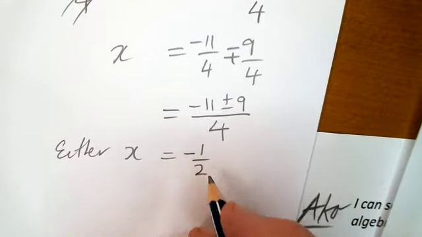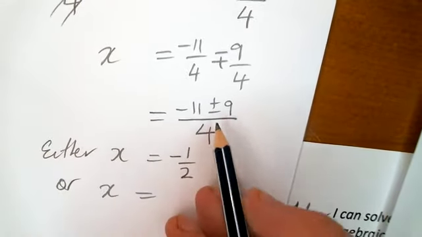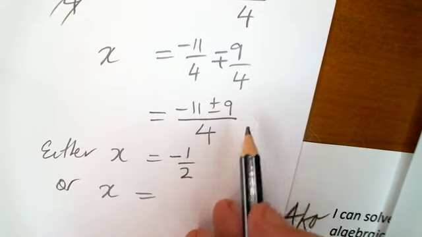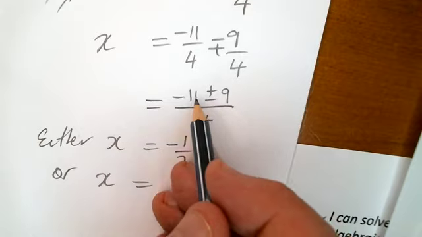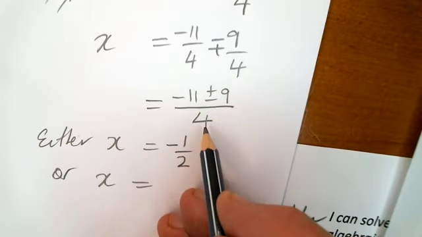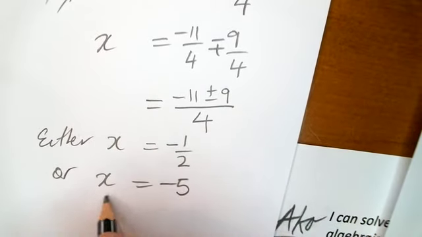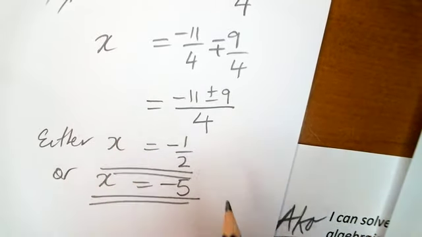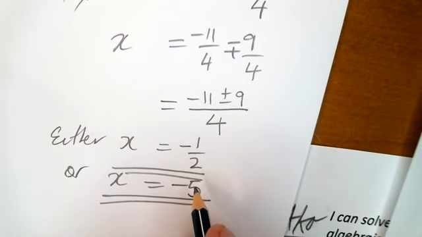So that's x equals negative 1/2, or x equals, and this time that was adding them, I'm going to subtract them now. Negative 11 minus 9 is going to be negative 20. Negative 20 divided by 4, well, it's all negative, it's going to be negative 5. So they are my two solutions for completing the square.